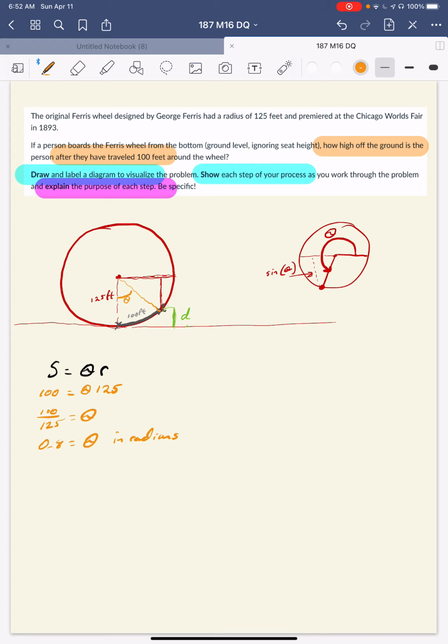Now, remember though, just a minute ago, we talked about the sine of the angle giving us that vertical distance from the horizontal axis. However, that was when the angle started from the 3 o'clock position.